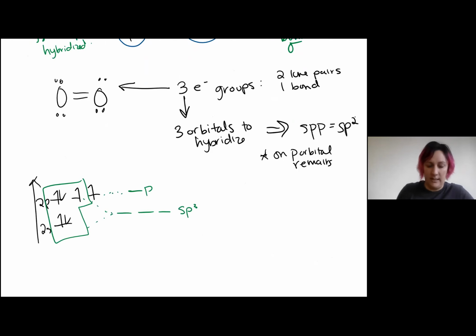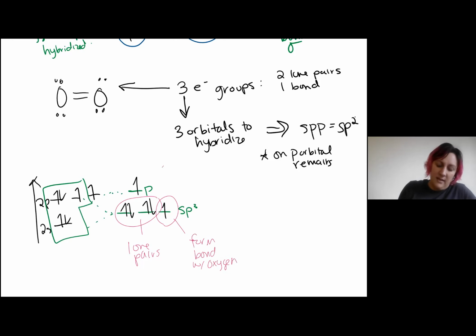So when I add in these electrons, I'm going to have 1, 2, 3, 4, 5, 6. I can see right here are my lone pairs. Here's 1 electron that's going to form a bond with the other oxygen. And then this extra electron in the p orbital is going to be used to create the double bond.